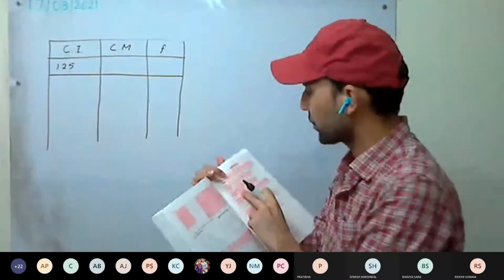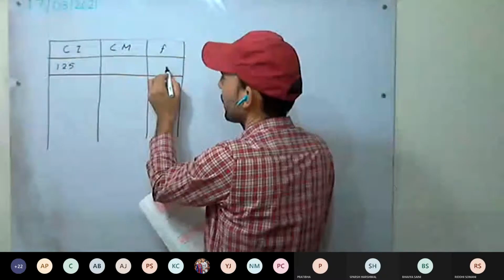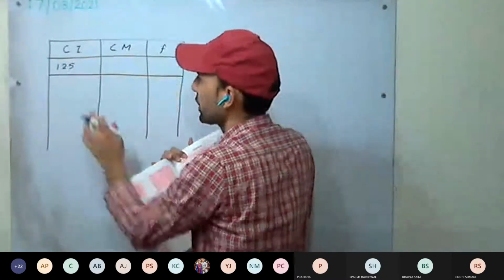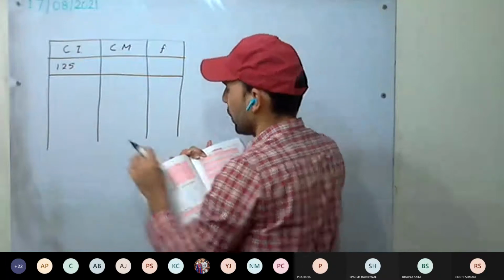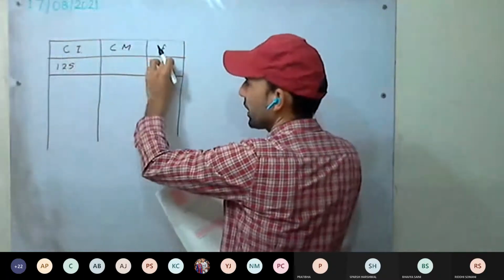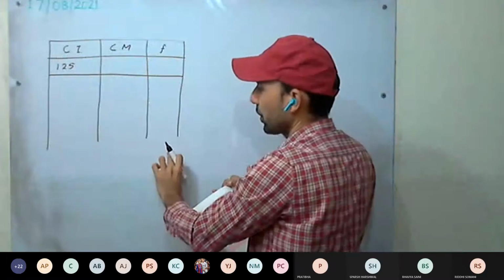Or you can do one thing as well. You can mark one class interval and write frequency 0. That way as well you can do. I think you've already done it, so it's fine. Or else one extra class interval you take at the beginning, one extra at the bottom.